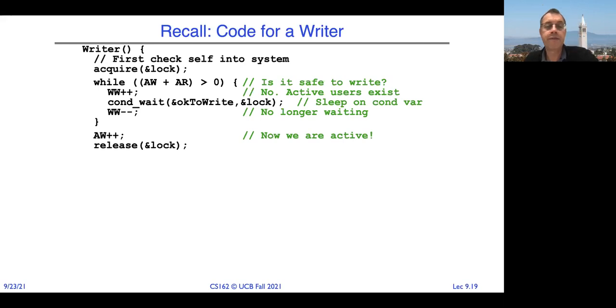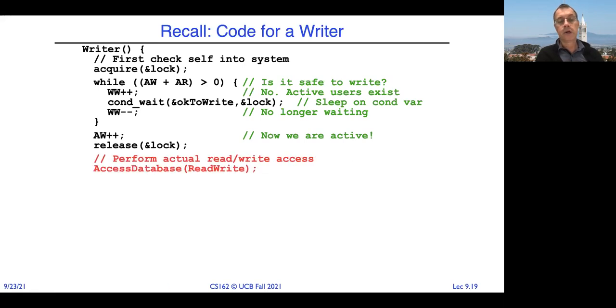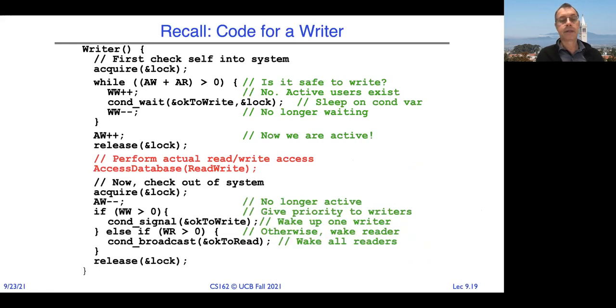If you have any of those, you wait on the condition variable, okay to write, because you are a writer. If not, you increment active writers, because now you are an active writer. Release the lock. You access the database, read, write. And then once you are done, you acquire the lock again to manipulate the state variables. You decrement the number of active writers because now you are no longer writing.